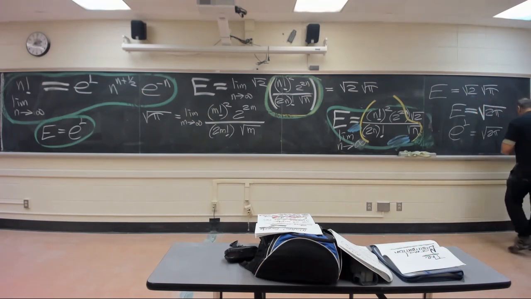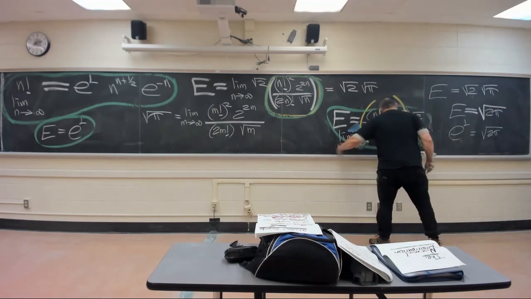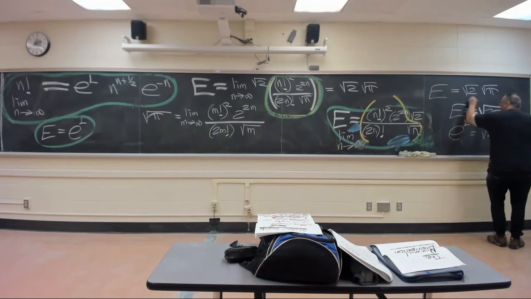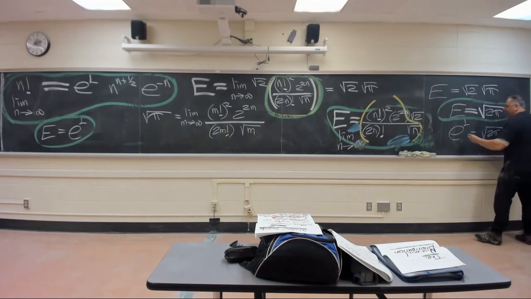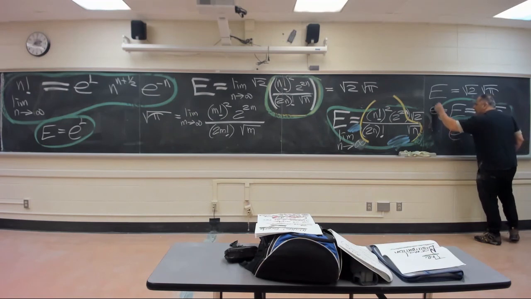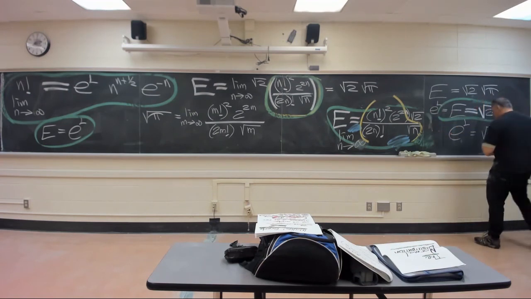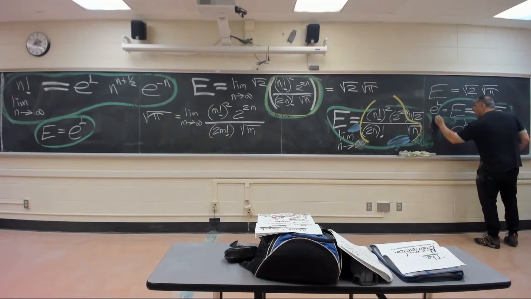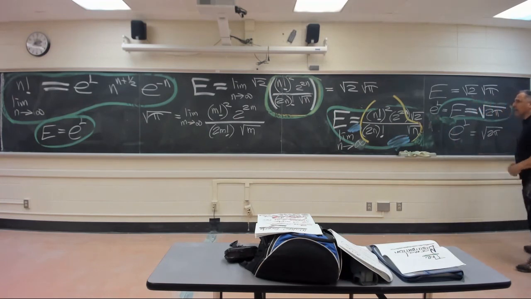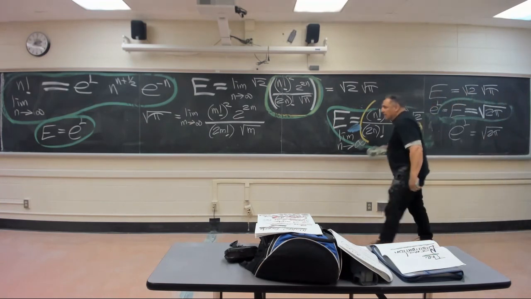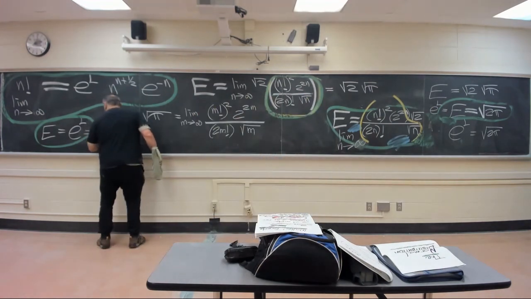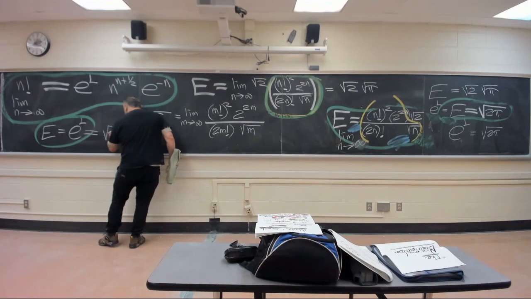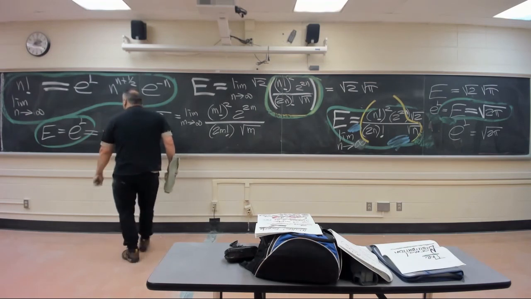Yeah, we're not going to worry about that. Let's concern ourselves with this. And that is the same as e to the capital L. What's going on here? Yeah, it is the same as e to the capital L. We just figured out this guy is the square root of 2 pi.